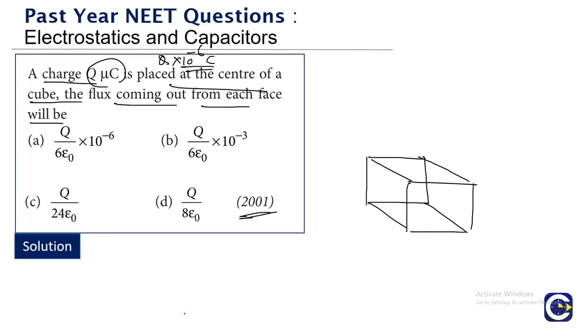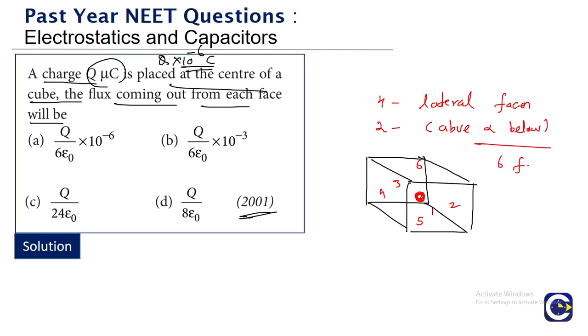Now every cube has 6 faces, like 1, 2, 3, 4 lateral faces, and 1 below and 1 above. So 2 faces which are above and below. Totally we have 6 faces. All are symmetric.